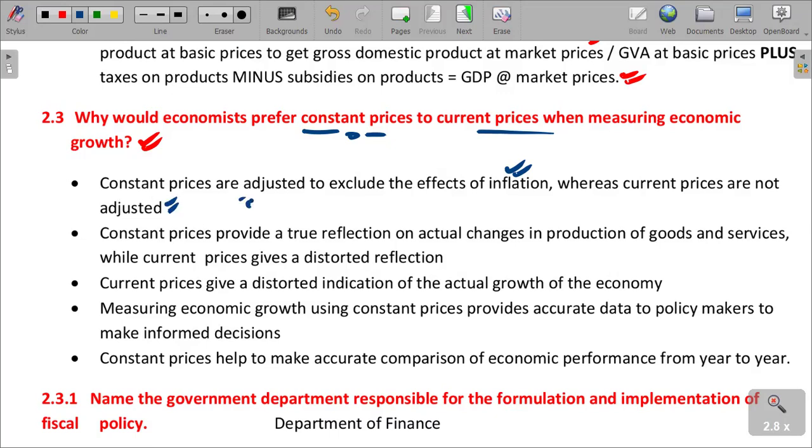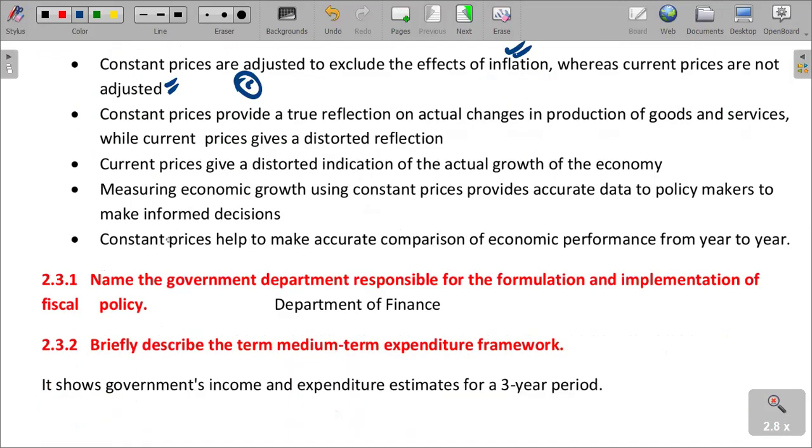That is the first point. Constant prices provide a true reflection of actual changes in production of goods and services, whereas current prices give a distorted reflection.